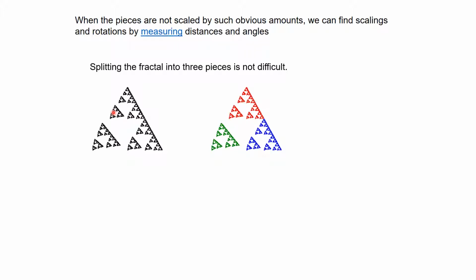You have this black picture, and you can easily see this consists of 3 parts. But you see here this part is scaled by a different amount as compared to this part. This part is a bit smaller than these parts.